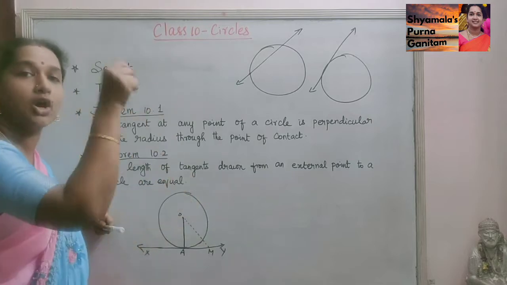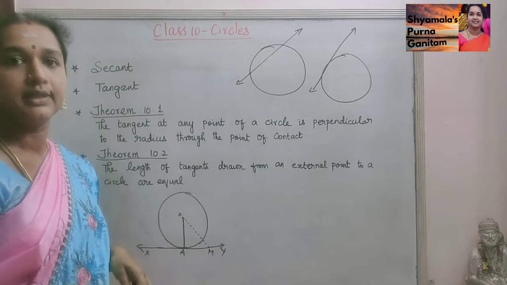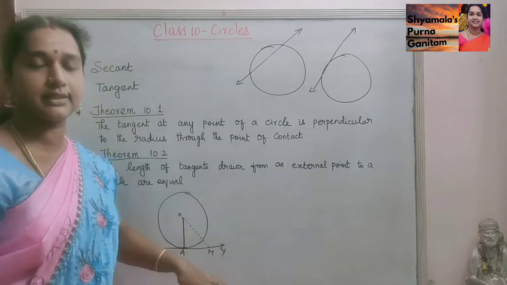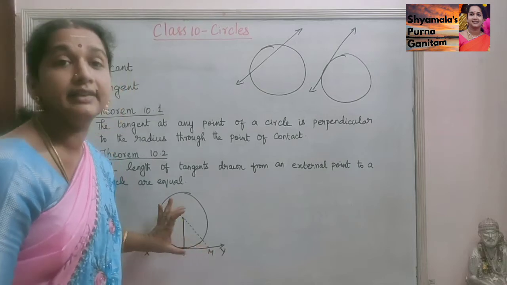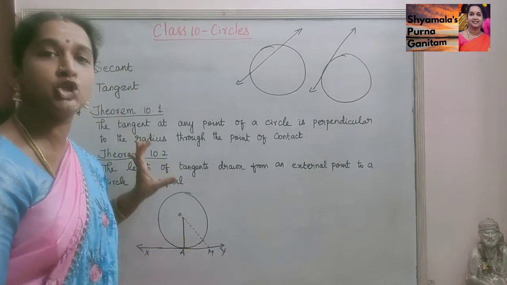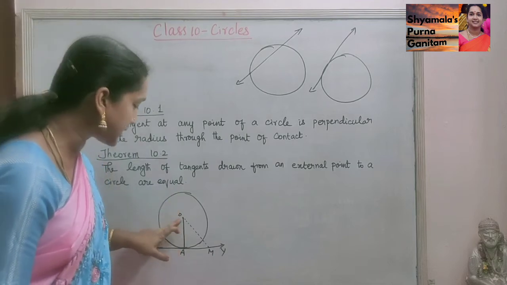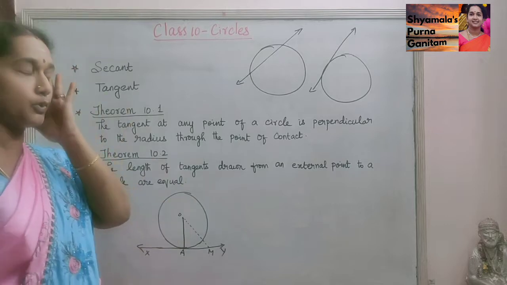M is a point on the tangent, so M will be outside the circle, and if it is outside the circle, OM will be greater than the radius. So OA is perpendicular and is the shortest distance from the center to the tangent. So this is an important proof.